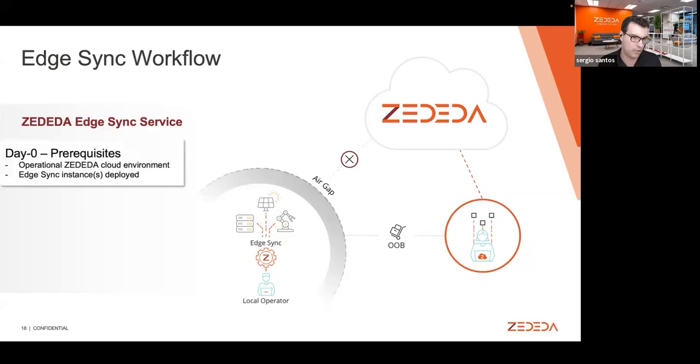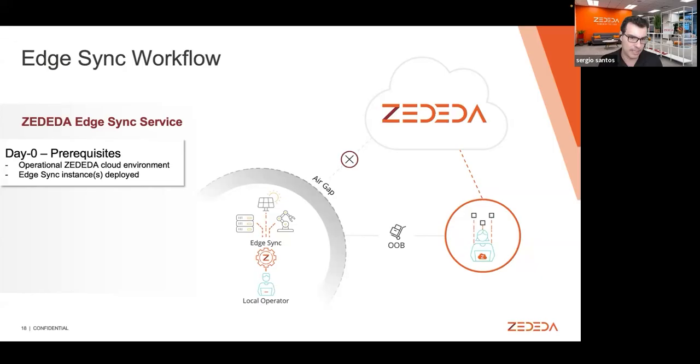So the first thing, we need to make sure that we have hardware resources on these sites. We might have these different industrial plants, and you basically need a compute resource to host Edge Sync. So we need to make sure that we can run that Edge Sync container that delivers this API for the user and for the Edge devices to connect to.